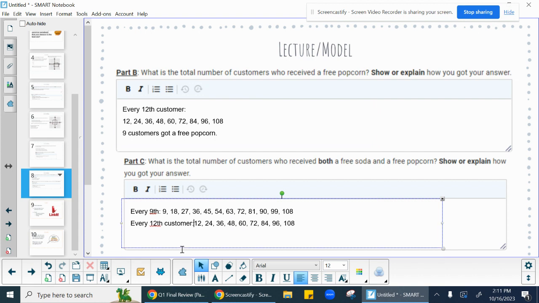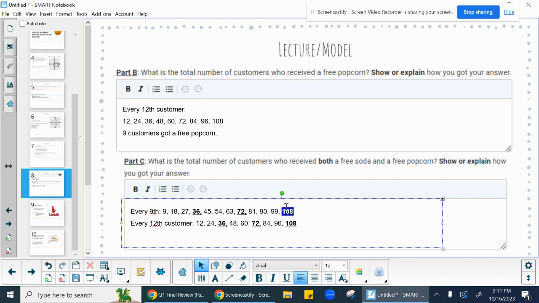Now what we need to do is look for matches. So I see here 36 is a match. I see that 72 is a match. And I see that 108 is a match.